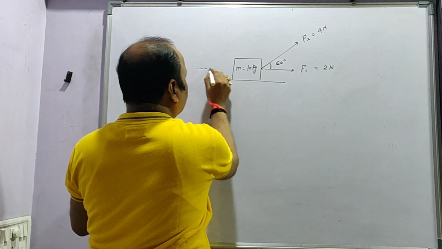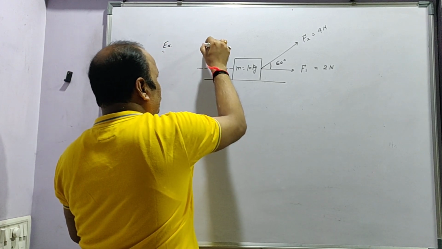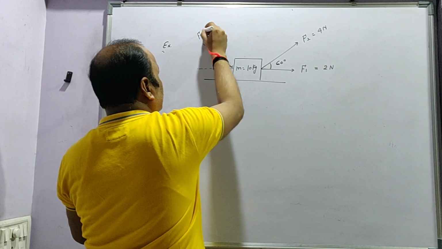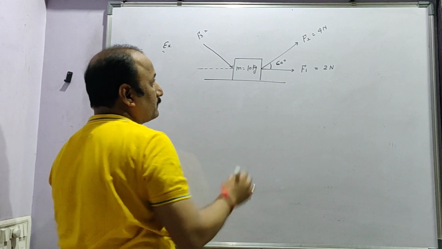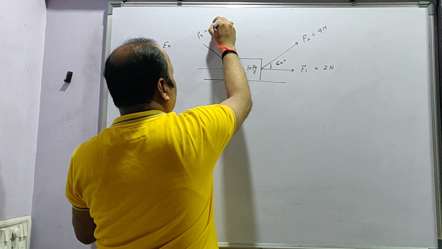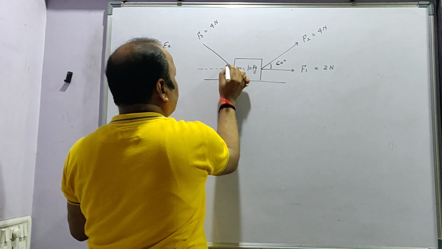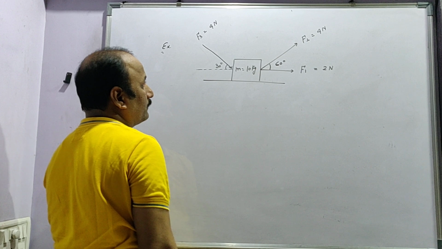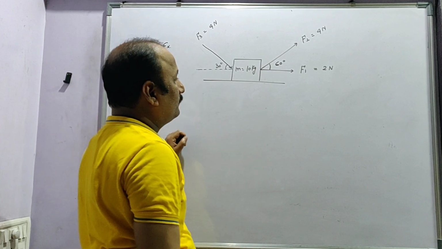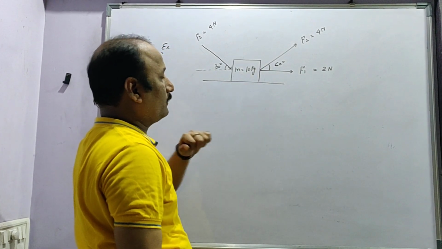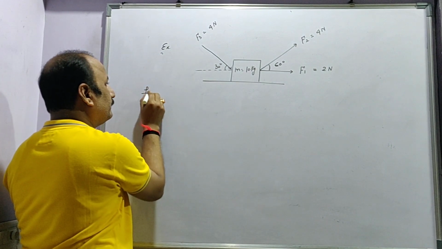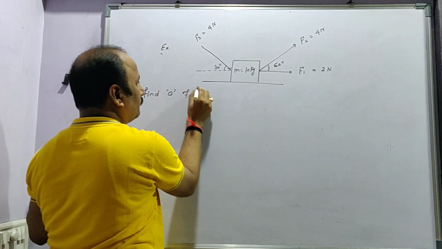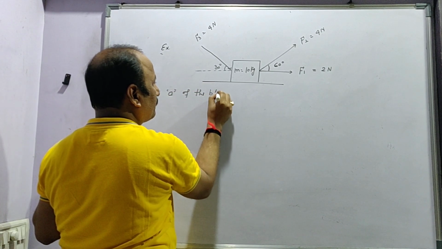And there is another force like this, F3 vector, and the magnitude of F3 is 4 Newton, and this angle is 30 degrees. Now the question is to find the acceleration of the block.